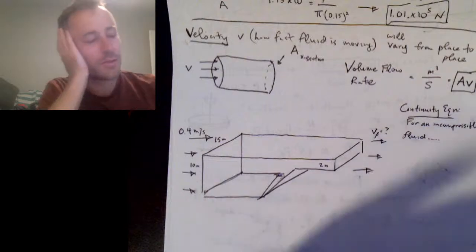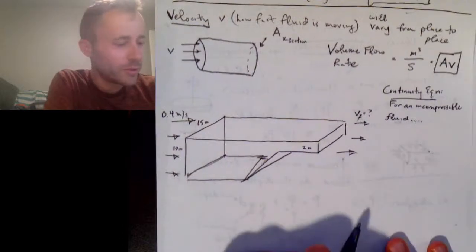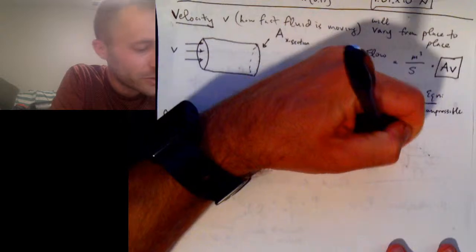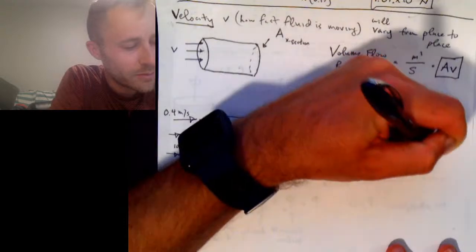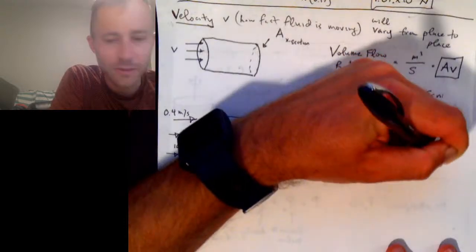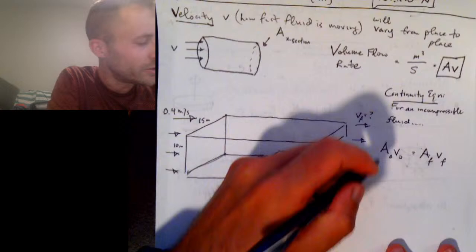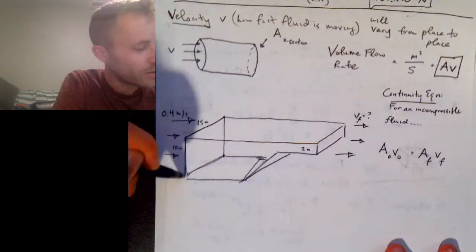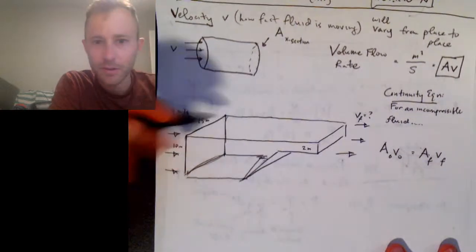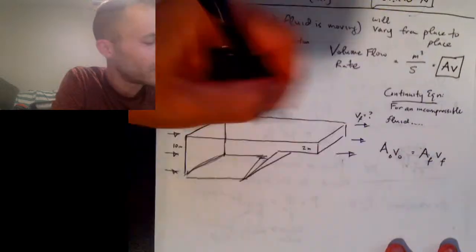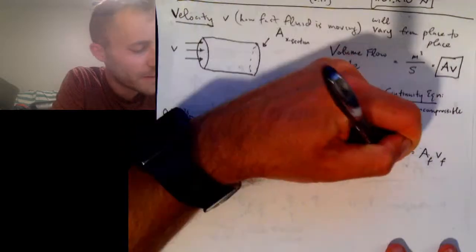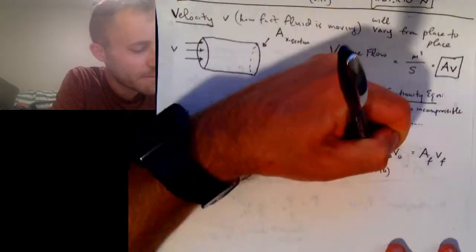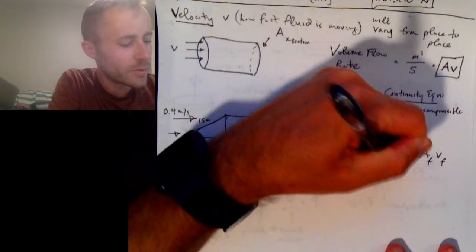And so basically what the continuity equation says is A initial V initial equals A final V final. So the initial area would be this area right here, the cross-sectional area. So that's going to be 15 times 10, and the initial speed is 0.4 meters per second.